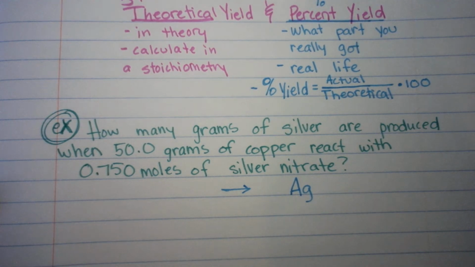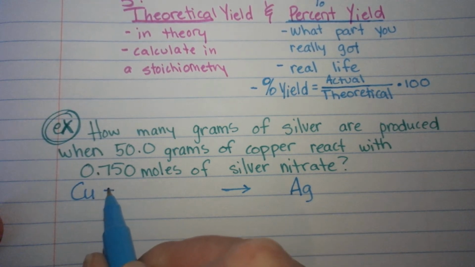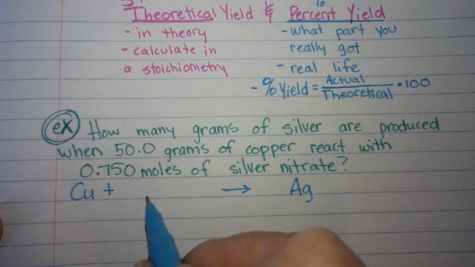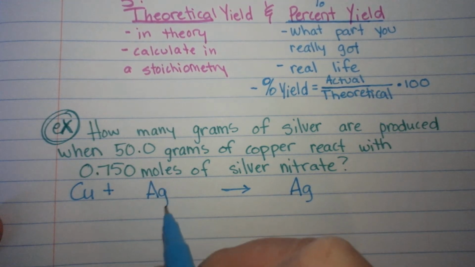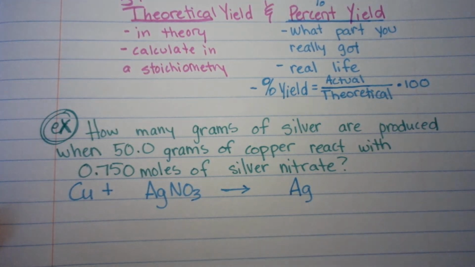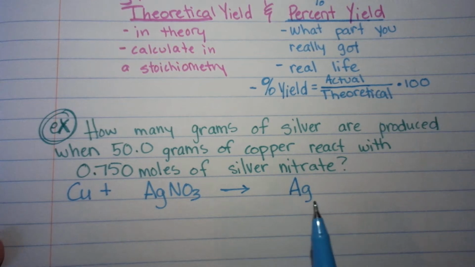When copper reacts, so copper is going to react with silver nitrate. All right, so is this even a completed skeleton equation? No, because we just have silver as a product.